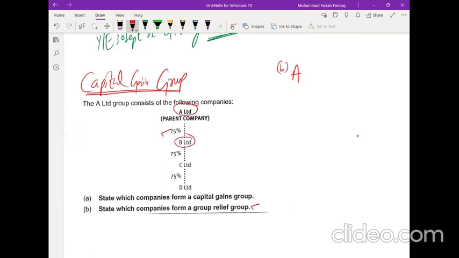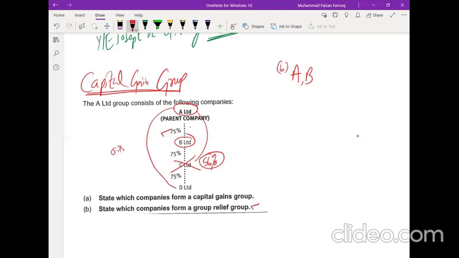Yes, B. For C, what will you calculate? Effective holding. How much is coming? 56.25, 56 point something, so 56%. Not a part, right or wrong? Right. And what about D? D is farther.